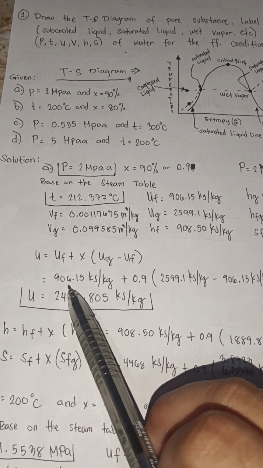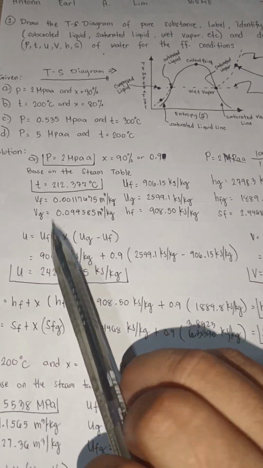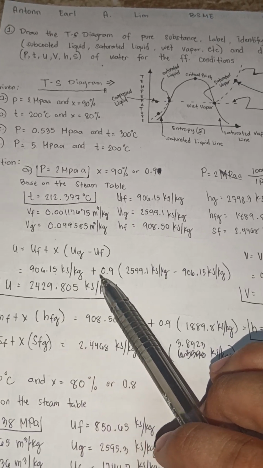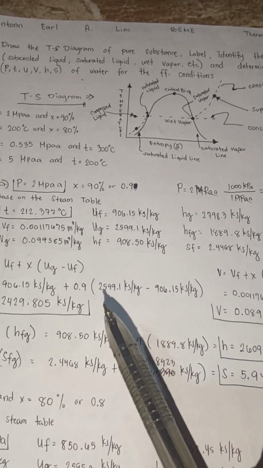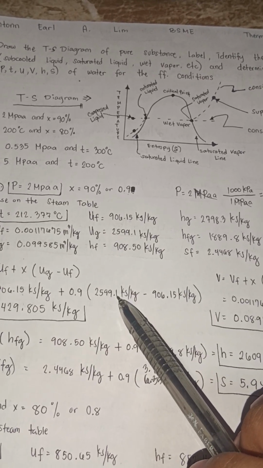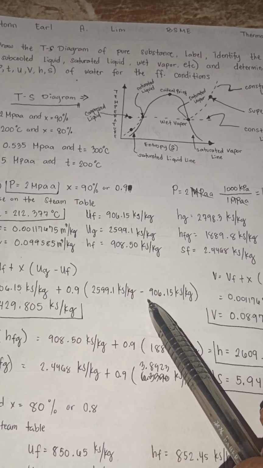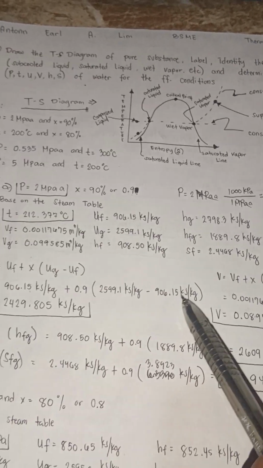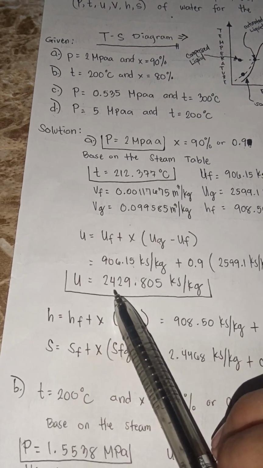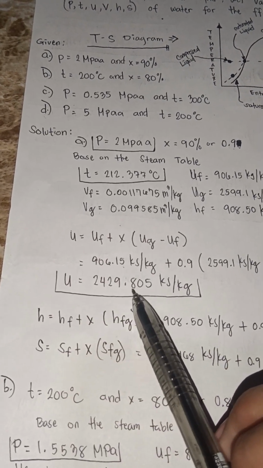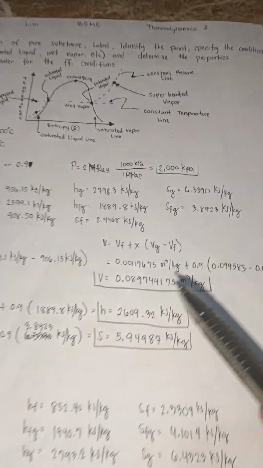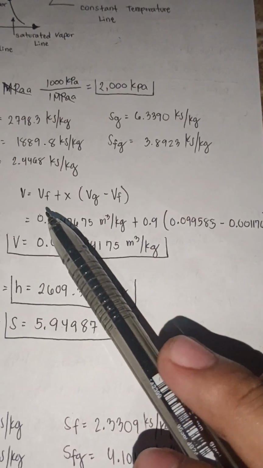Substitute the given values: 906.15 kilojoules per kilogram plus 0.9 times parenthesis 2599.1 kilojoules per kilogram minus 906.15 kilojoules per kilogram. So the internal energy is equal to 2429.805 kilojoules per kilogram.